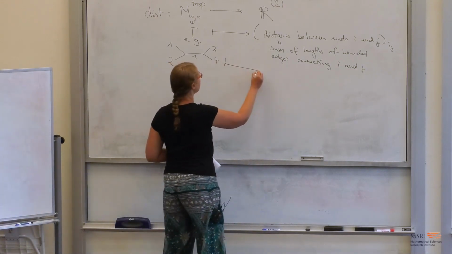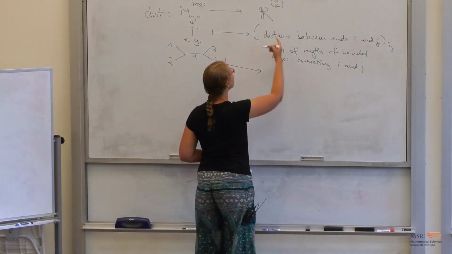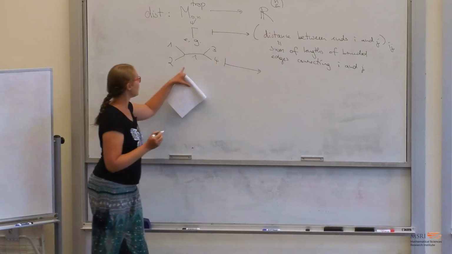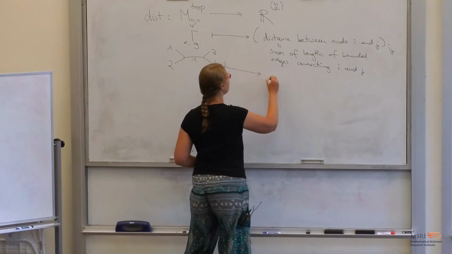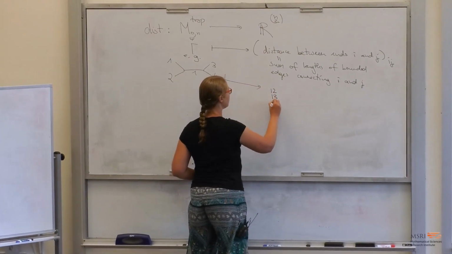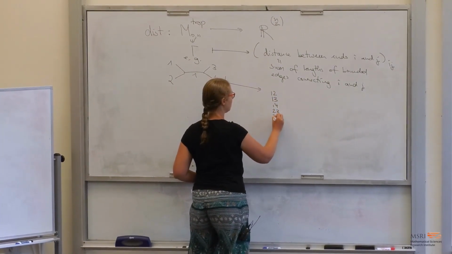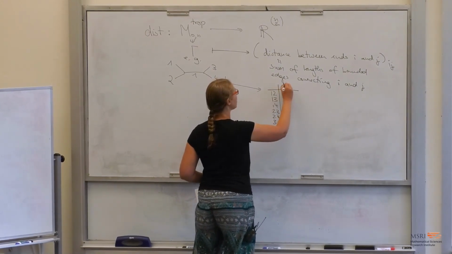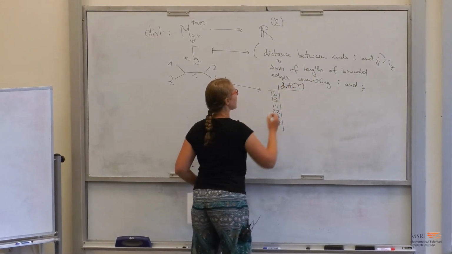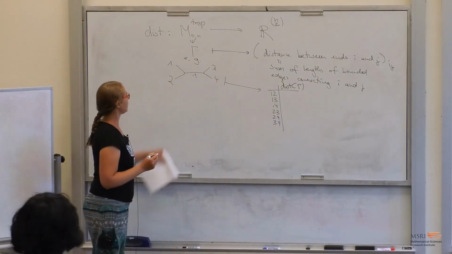So let's be really precise in this example. If n is 4, as in this example, then n choose 2 is 6, and we can label those 6 coordinates as 12, 13, 14, 23, 24, 34. And then what is the distance of this tree gamma?